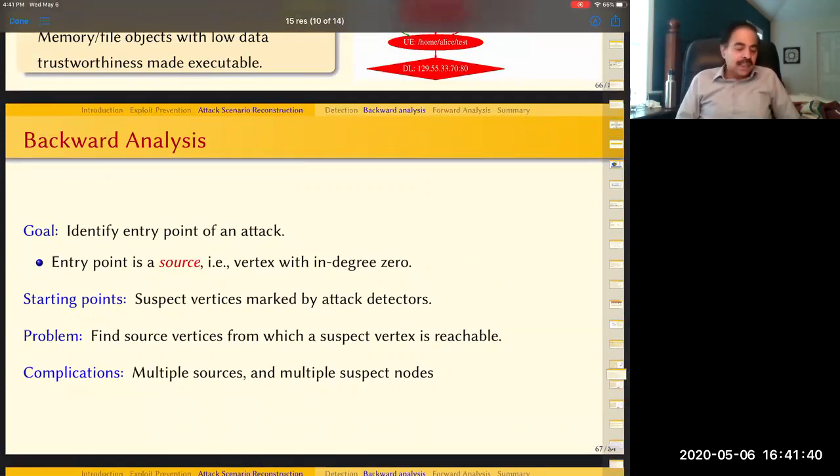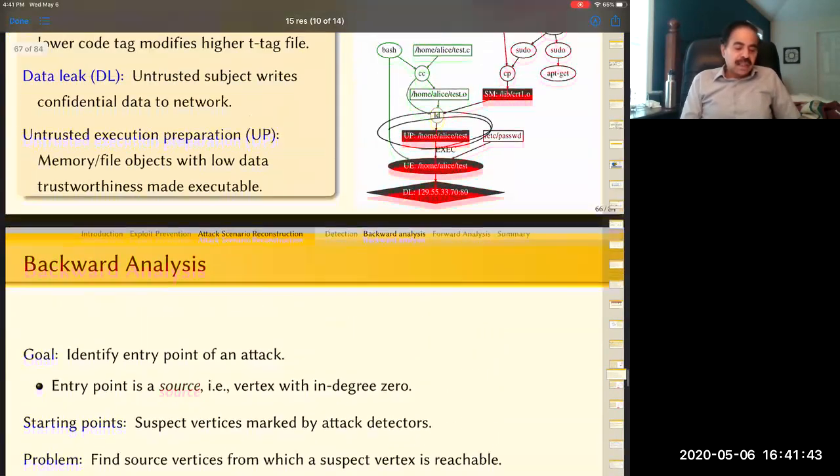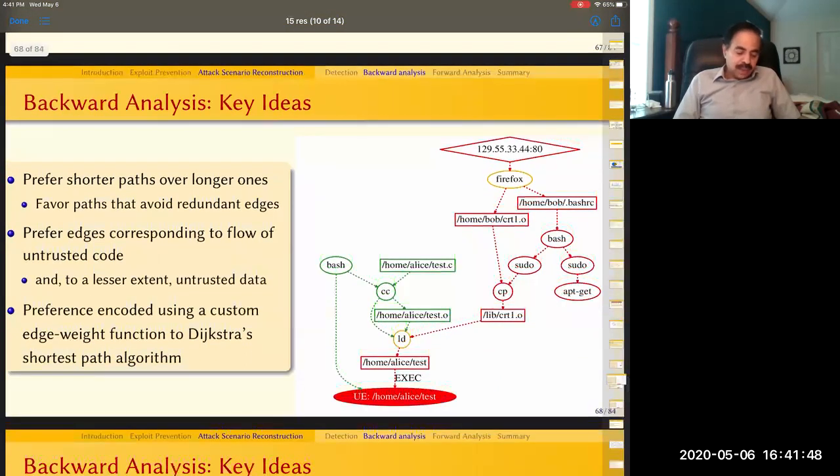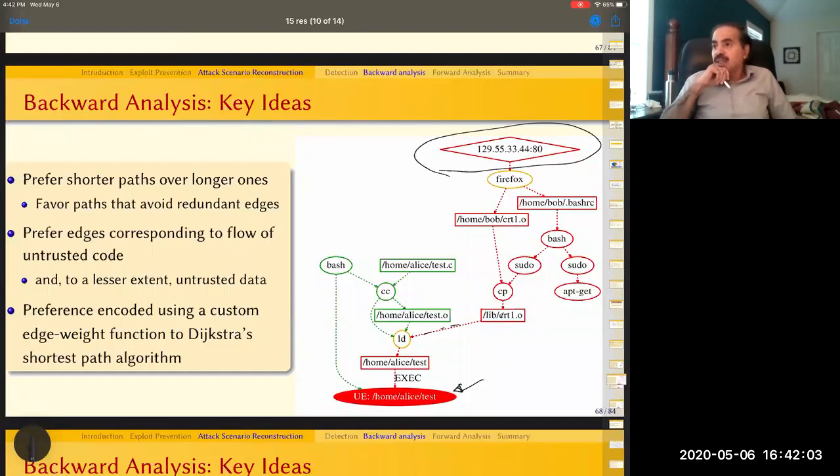Given this kind of graph, we start from one of the alarms, let's say the untrusted execution alarm, and then we travel backwards following these dependencies until we reach a network entry point, because the assumption is that attacks would typically come in through the network. This backward analysis in the dependence graph will tell us the entry point of the attack.